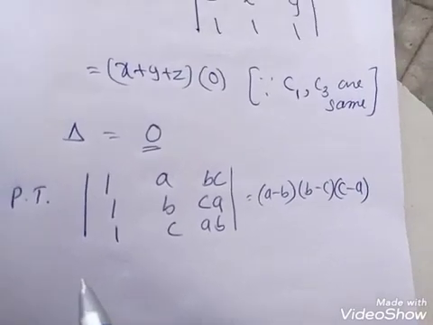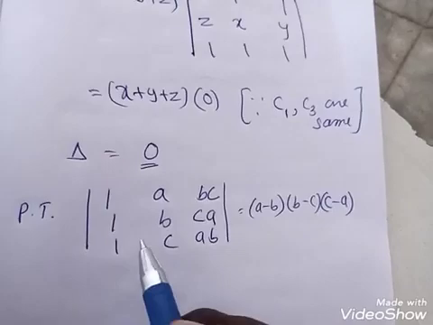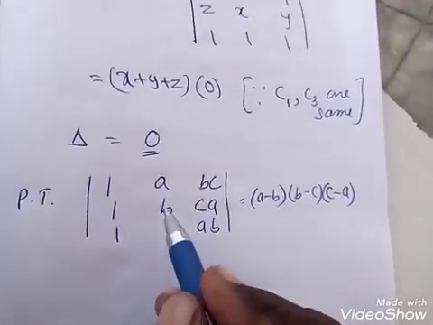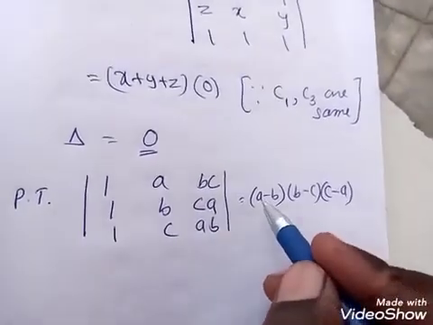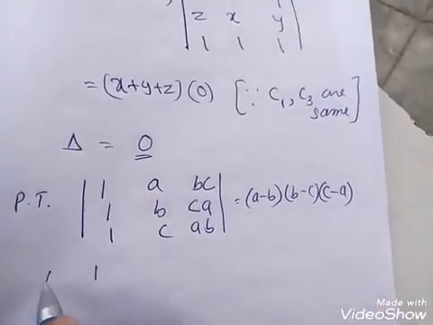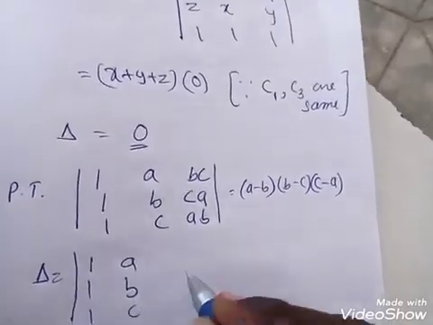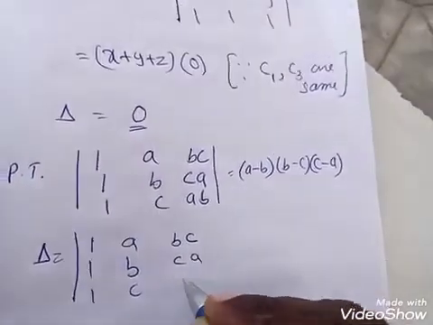Here observe, first what I said is to make a number of zeros. Before making zeros, here a is there, here b is there, and here b is there, here c is there. That's why we get a minus b and b minus c. That's why I am going for the operation. First write delta is equal to the determinant 1, 1, 1; a, b, c; bc, ca, ab.